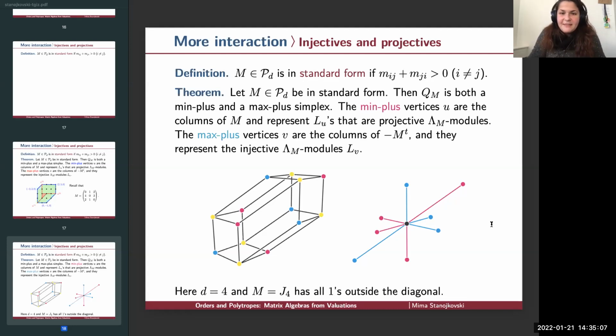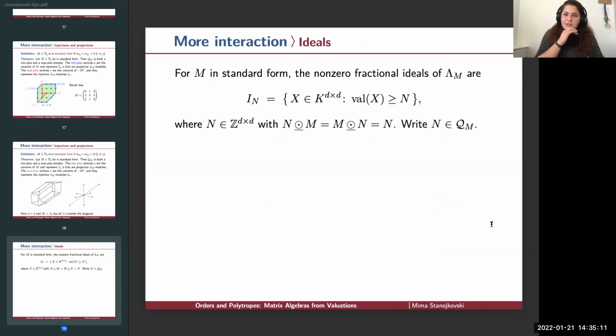All right, then I want to tell you something more about other connections that we can make. We looked at modules associated to the ring, but of course, we can think of ideals and fractional ideals as well. And what are these?